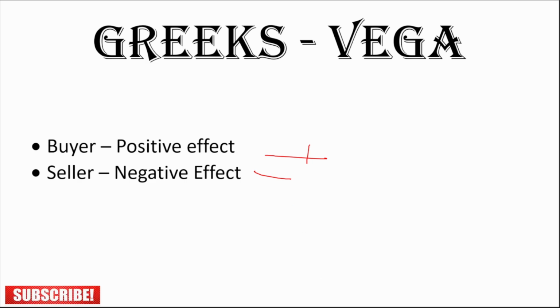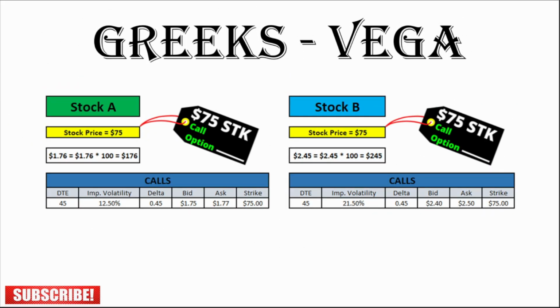When we are long options, we have a positive Vega. However, when we write an option contract, as option sellers, we have an effectively negative Vega. If we compare two call options that belong to two different stocks currently trading at $75 per share, we will be able to see which stock is expected to move more based on the option implied volatility value.